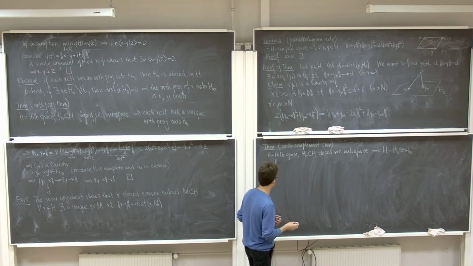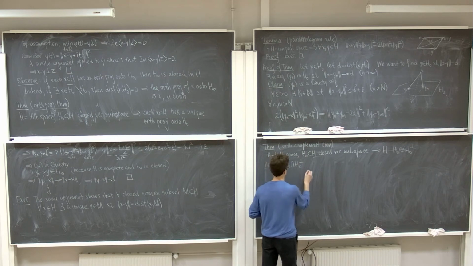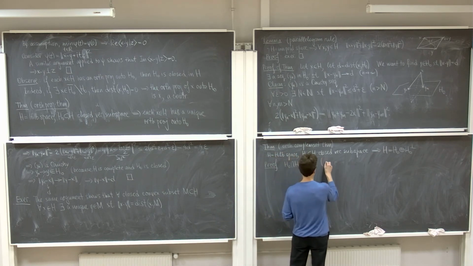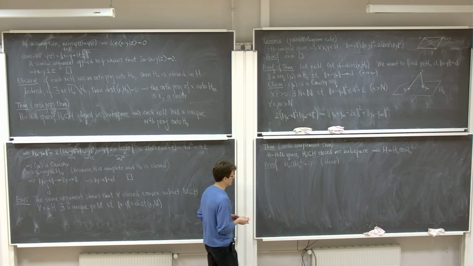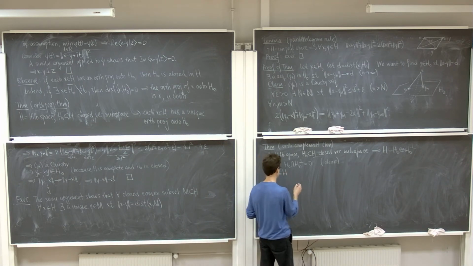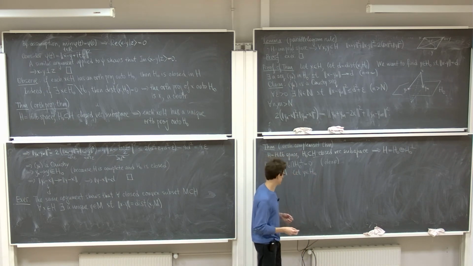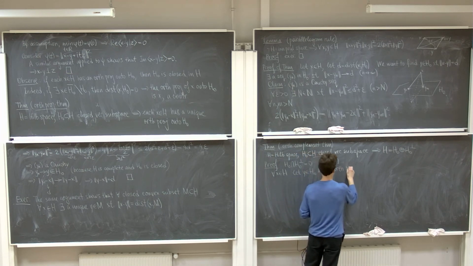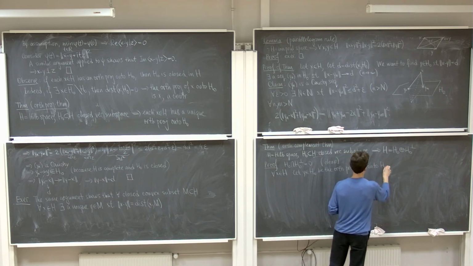Well, indeed, why is it so? First of all, the intersection of H0 and the orthogonal complement is trivial. This is clear from the axioms of the inner product. Now take any element x in H and let y be the orthogonal projection of x onto H0.